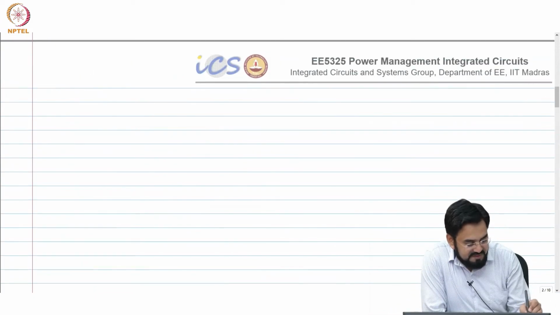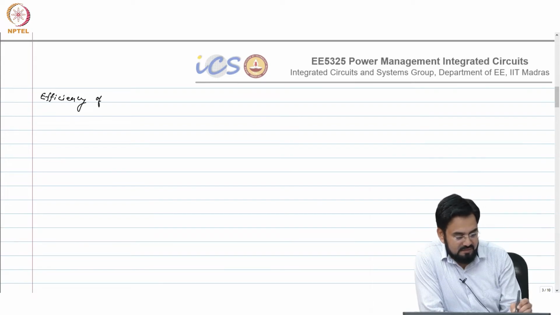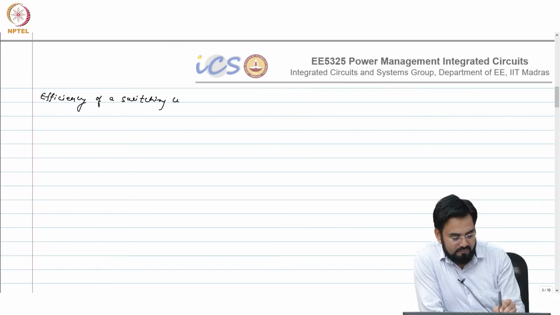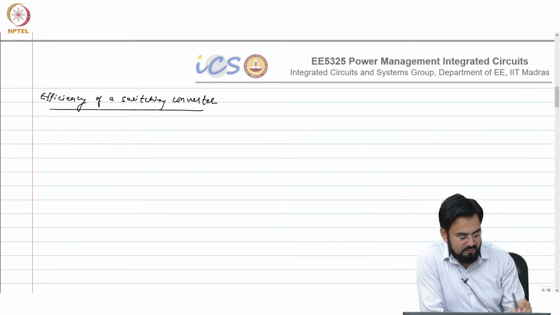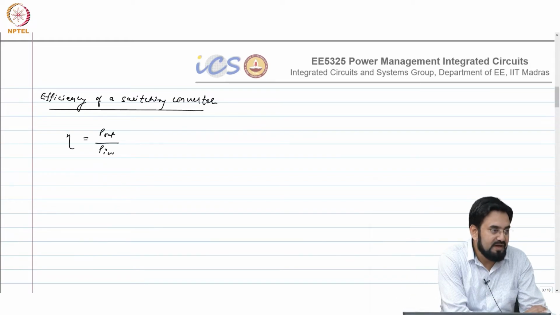So, now how do we define the efficiency? Efficiency is P out over P in, and this is 1 for the ideal condition and less than 1 in reality when you have losses in the power stage.